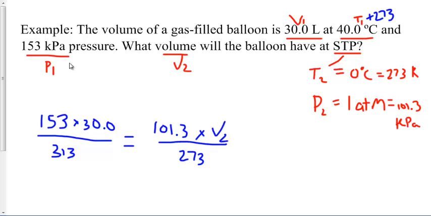P1 was 153 times V1, which was 30.0, over T1, which I'm adding 273 to get 313. That's equal to P2, the 101.3, times V2, my variable unknown, over T2, which is 273. Again, try to solve it before you look.